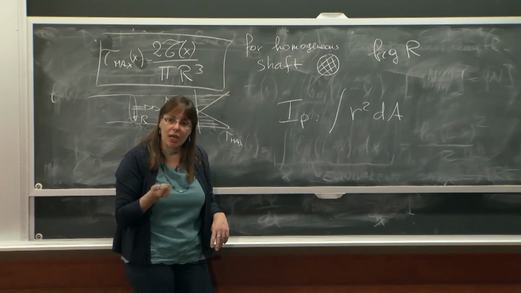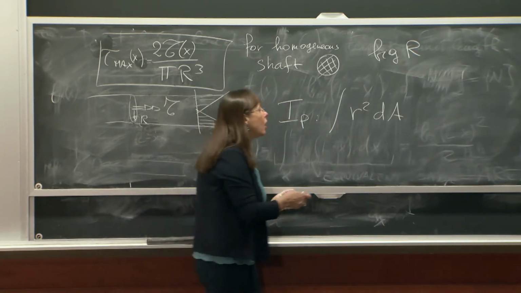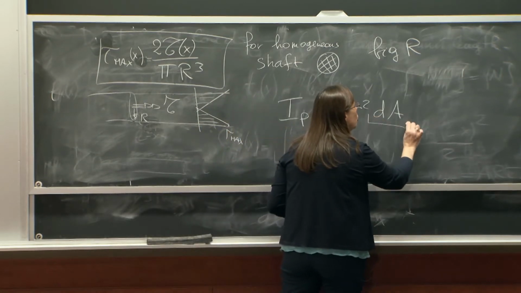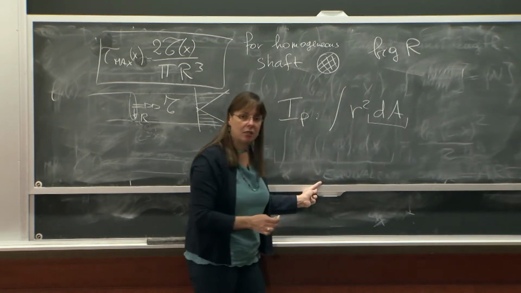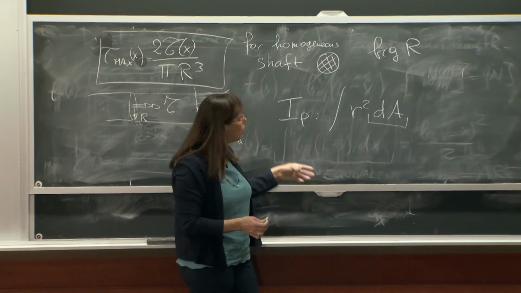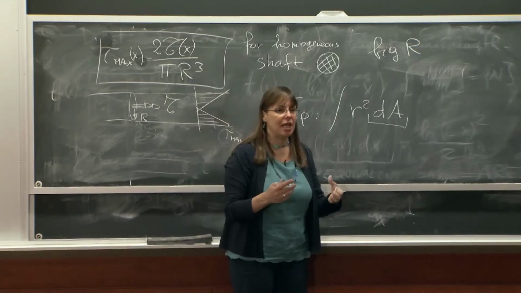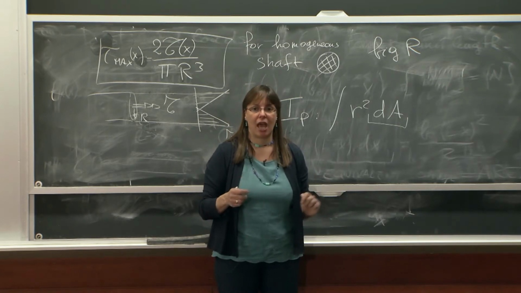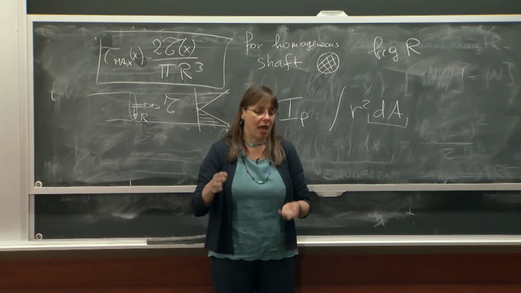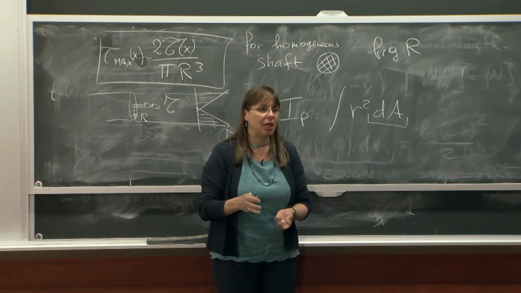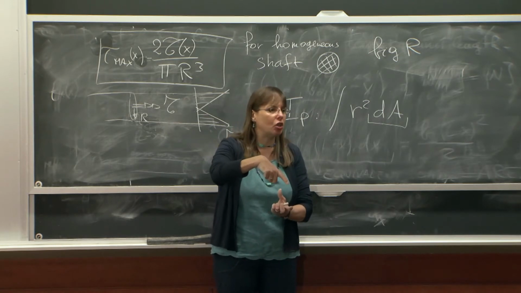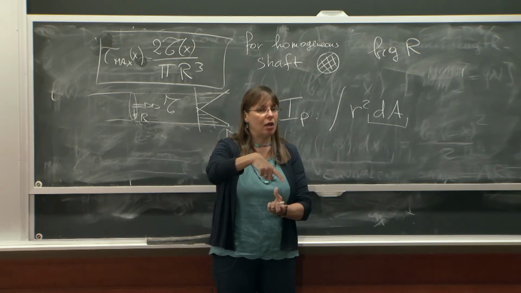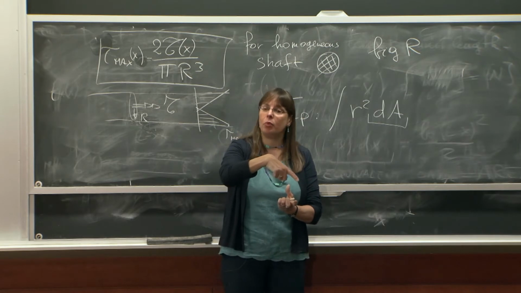So if I want the stress to be small, what I really want is to use the area wisely. You see? Because I want a big IP. Say that I have limited weight that the shaft can have, which really means that, given a certain material, I can only have a certain cross-section, right? How I use that cross-section is important in torsion.